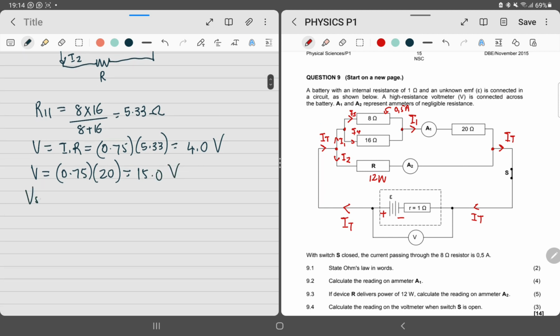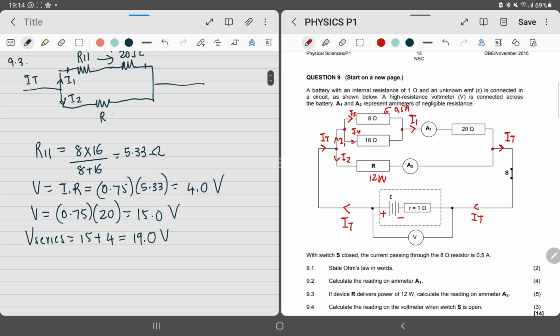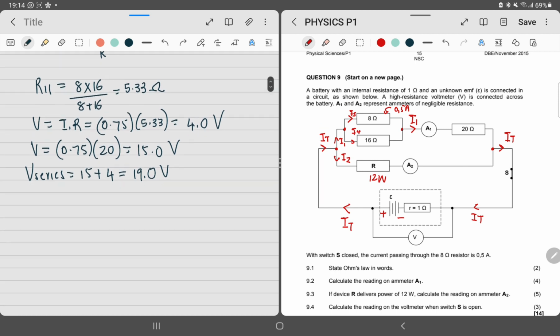And then we said the series should be the addition of those two. So it's 15 plus 4, which is equal to 19 volts. So now we have the potential difference across the ends of R, because they are connected in parallel.